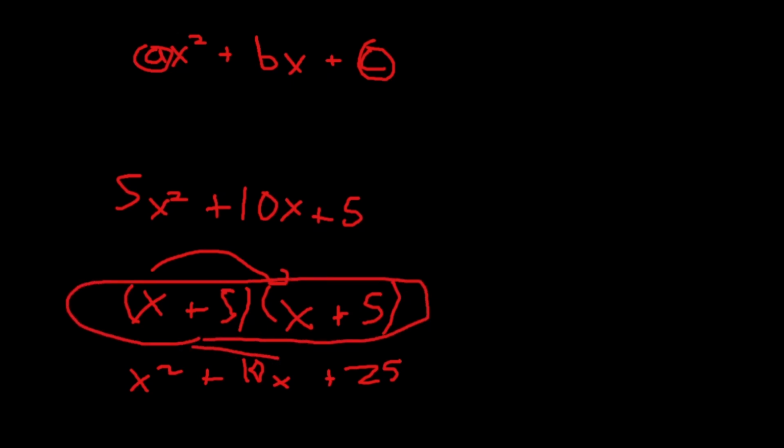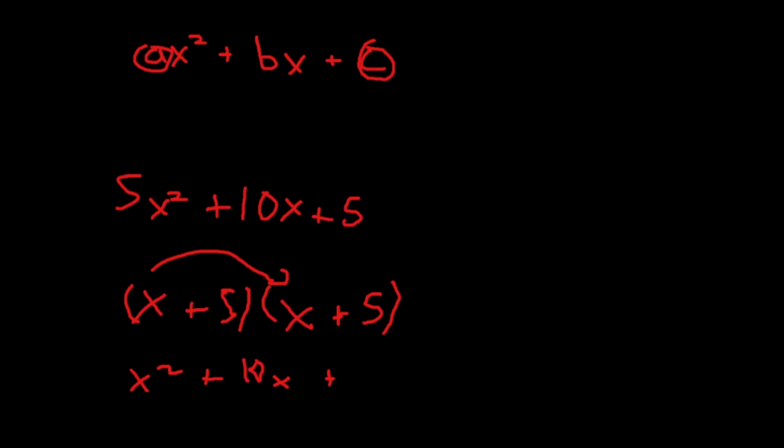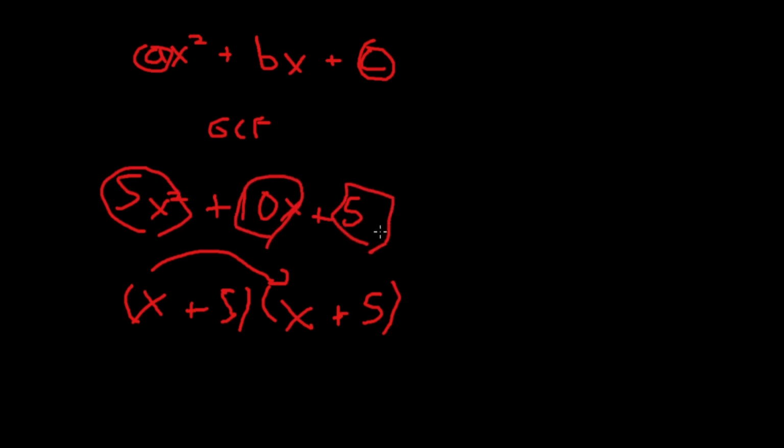So the question is, how can we fix it? Well, when a is a number that is not 1, the first thing I would always try to do is see if there is a GCF for the whole equation. A GCF means greatest common factor, which means is there a number that this can be divided by other than 1?